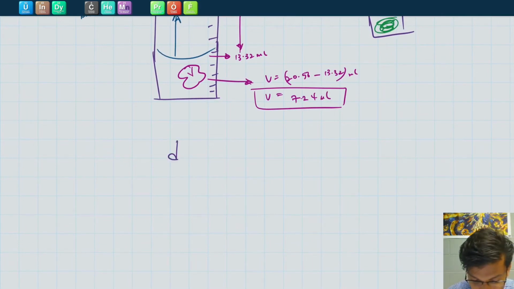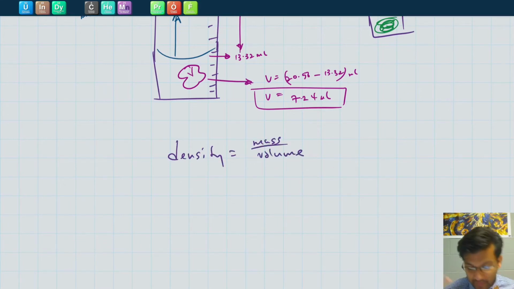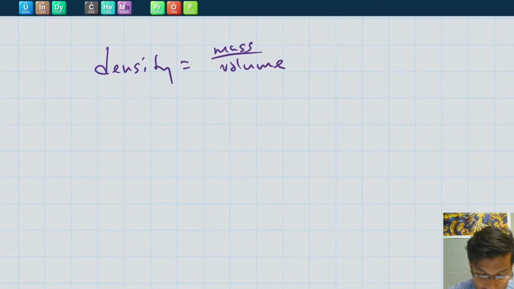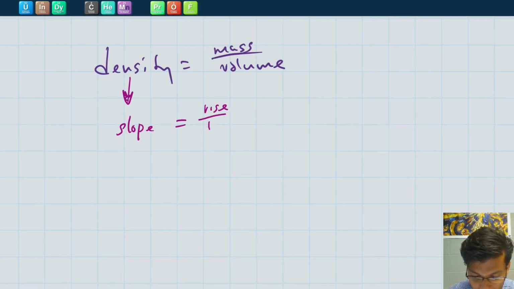So let's look at this again. We said density is mass over volume. So right away we should be thinking it's relating two quantities. What else relates two quantities? Well, a slope of a line could. So if we want to relate the density to the slope, we know slope is the same as rise over run, right?